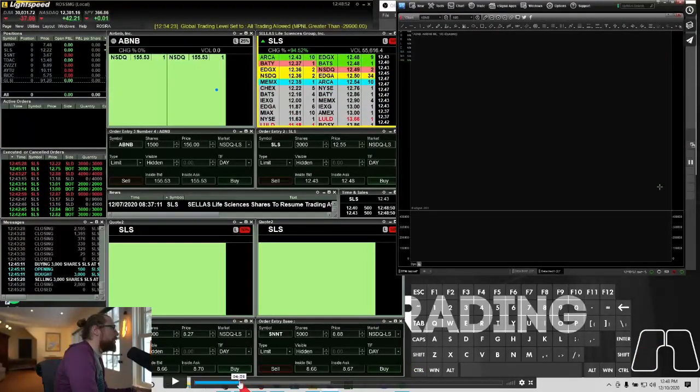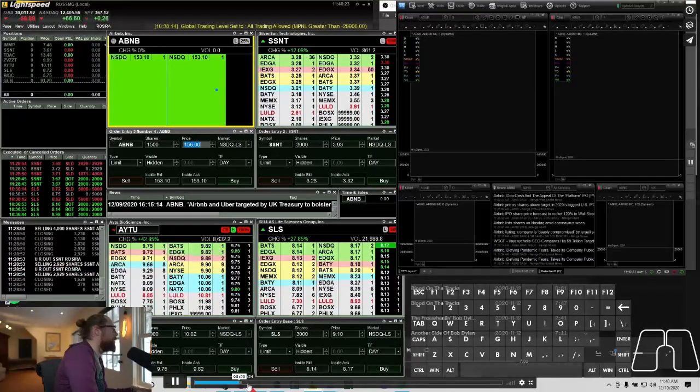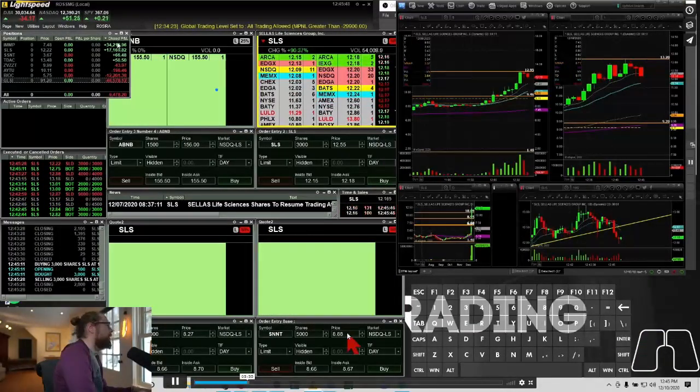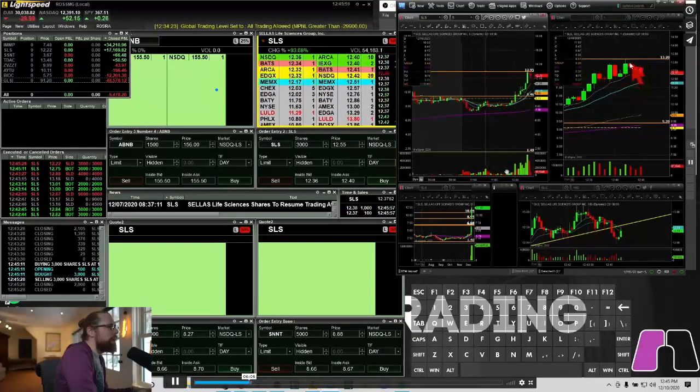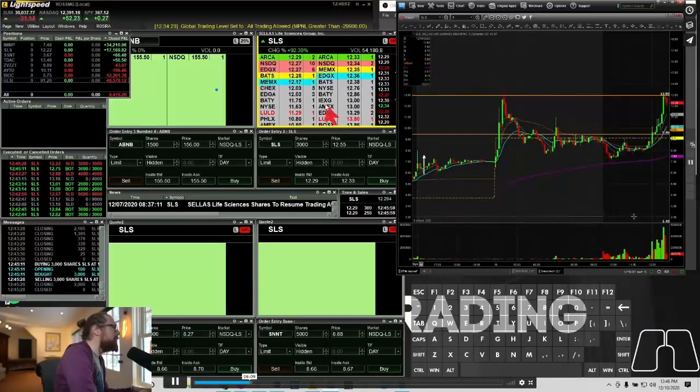Did I have other trades on it? No, okay. So SLS looks like the high was 1320. It's kind of pulling back a little bit, down 9,000 on the day. Oh, GLSI, yep, I remember that. So 1320, that's the high.